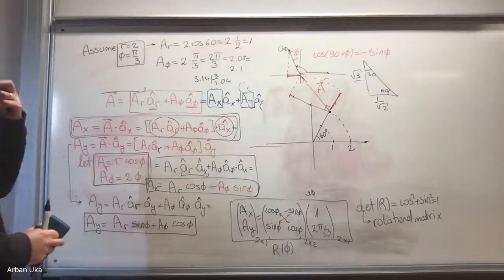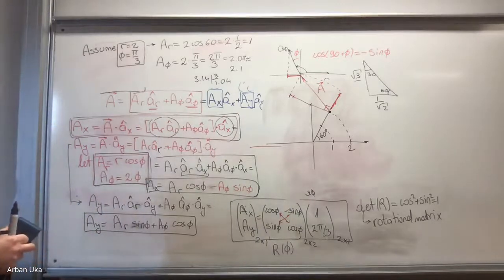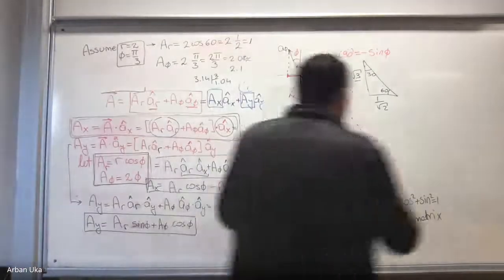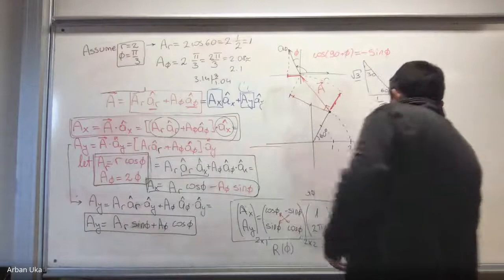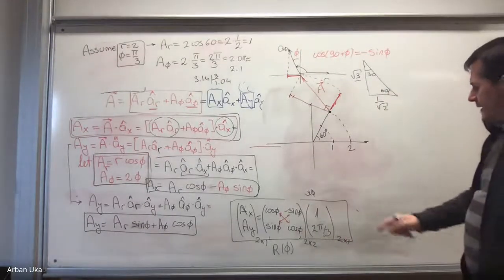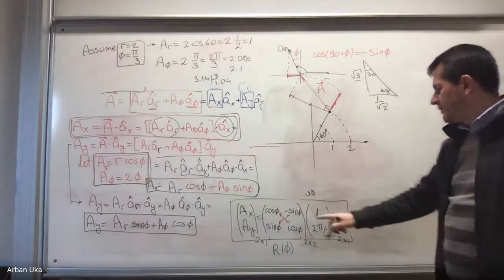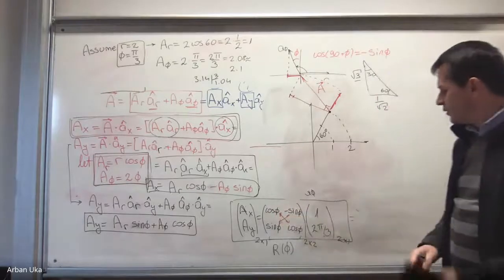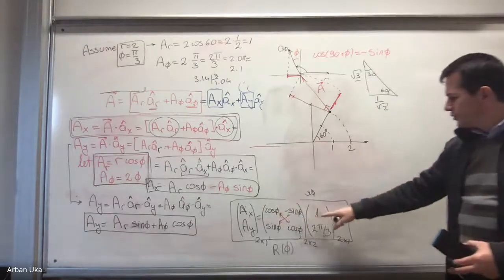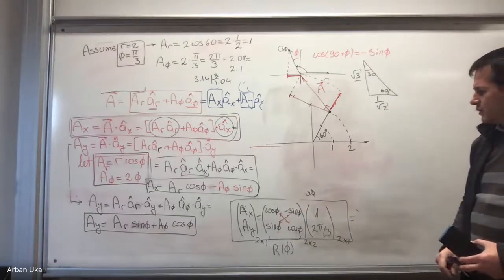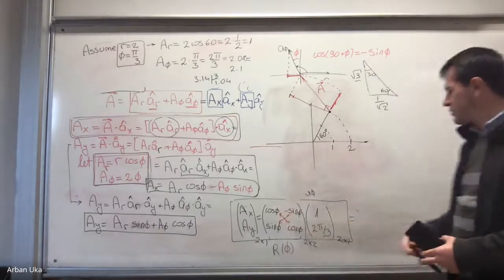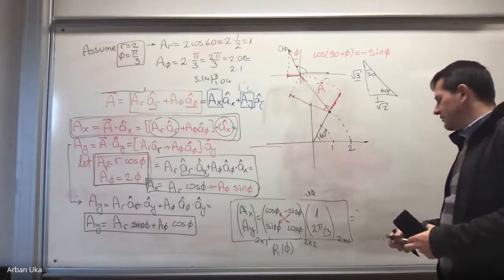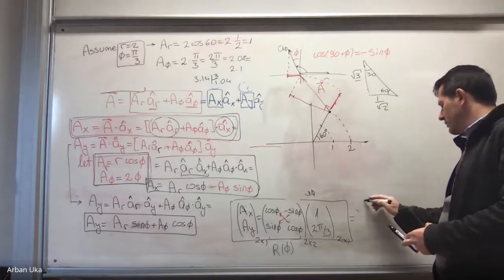Now the next question was trying to identify what were A_x and A_y. So if we use this expression here, which we have written, we can say that A_x is equal to, we multiply the first row with this column, and what we obtain is cosine phi, and cosine phi was 1 over 2, right?